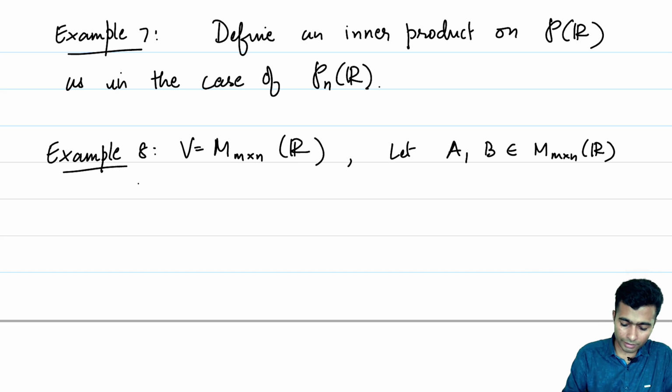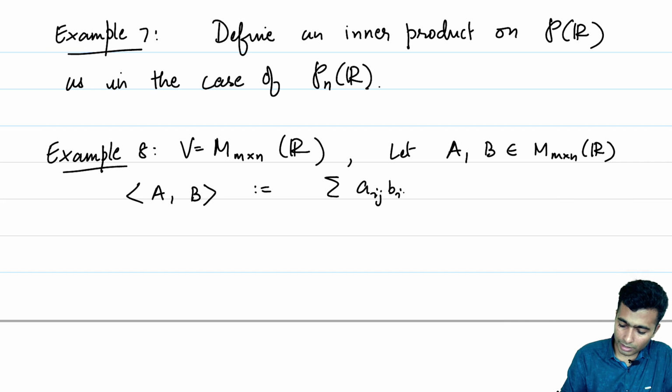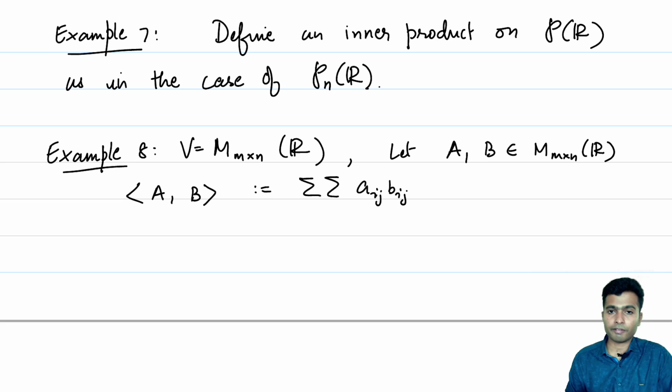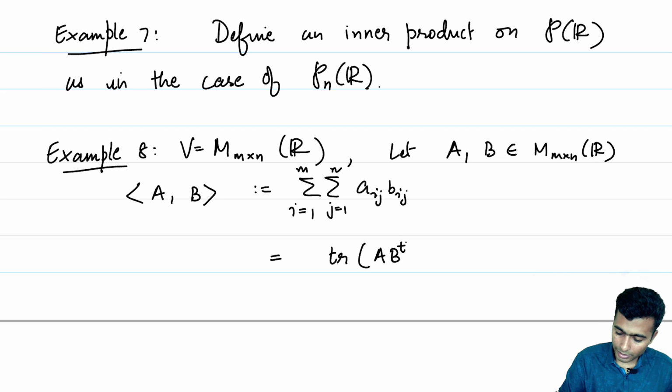Then we would like to define the inner product of A and B, which will just turn out to be equal to the sum of A_ij B_ij, where i runs from 1 to m and j runs from 1 to n. In an alternate way, this is actually nothing but the trace of the matrix A times B transpose.